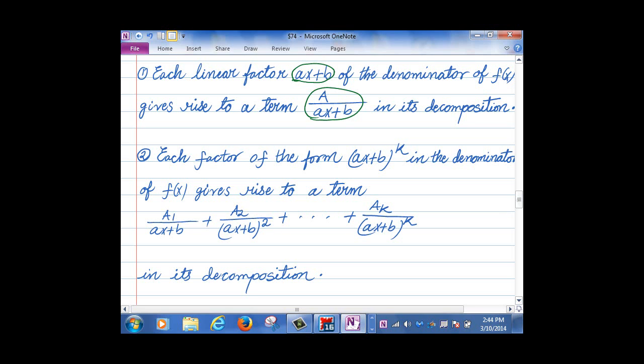So when you have a linear factor with an exponent bigger than 1, suppose the exponent is k.